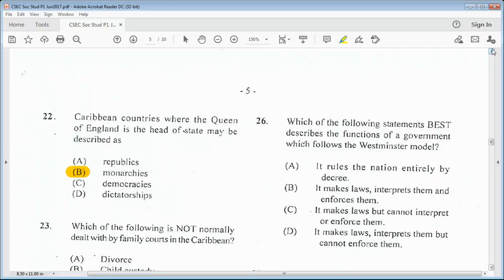So if that is the case, does it rule the nation entirely by decree, or make laws, interpret them, but cannot enforce them? Absolutely not. So it makes laws, interprets them, and enforces them. I'm going to go with B.